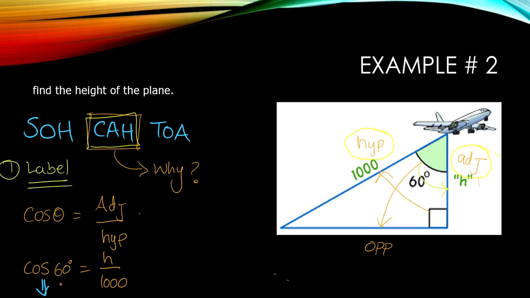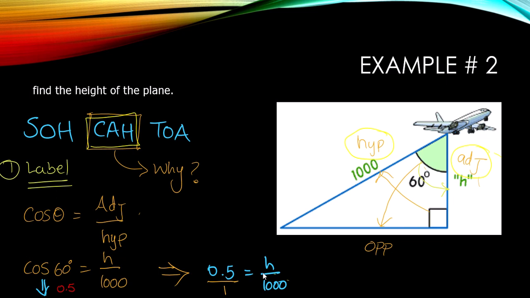When you put cosine 60 on your calculator, you are going to get 0.5. So instead of cosine 60, I'm going to put 0.5 and then rewrite my ratio, which is h over 1000. This is written in fraction form, and I will turn 0.5 also into fraction form.